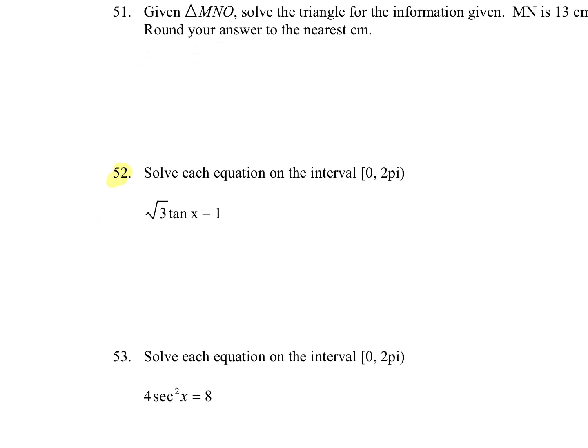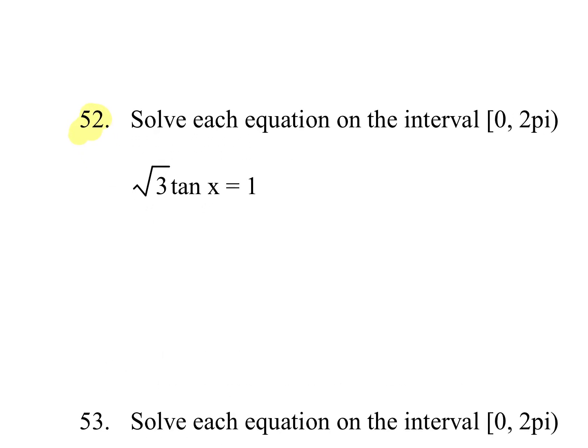For 52, to solve each equation on the interval, you use the unit circle. So you always want to get your trig function all by itself. So since we're multiplying by square root 3, we would divide by square root 3. So tangent of x is equal to 1 over square root 3.